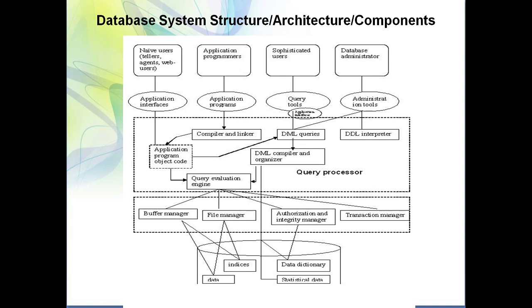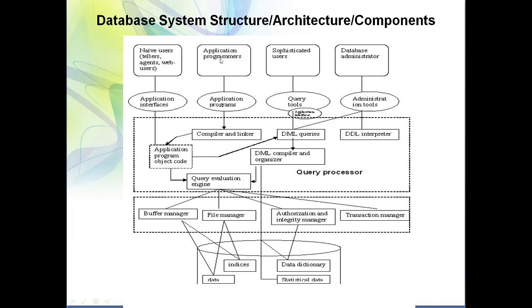So in this particular architecture, you may find there are a number of layers. On the top layer, you may find different types of users who interact with the database. We already went through the different types of users. First one is a naive user. Naive users are those who interact with the database but don't have any knowledge about SQL.